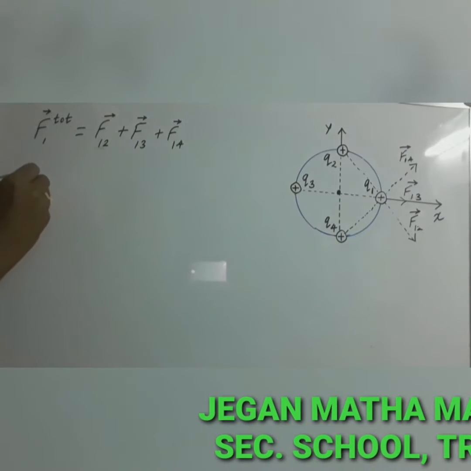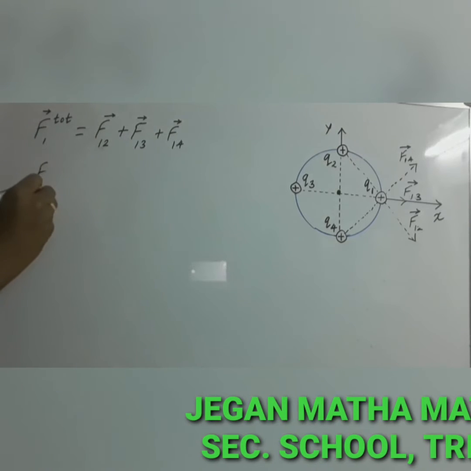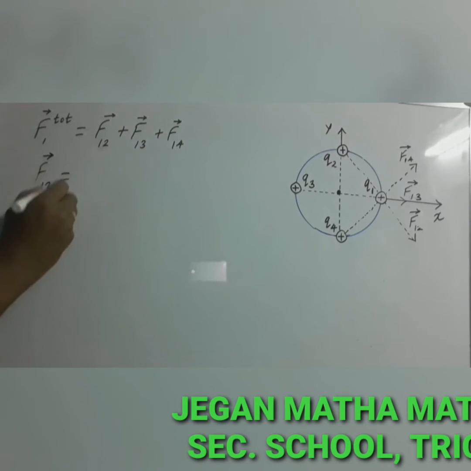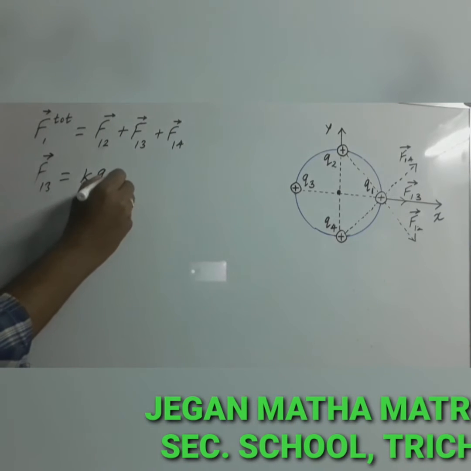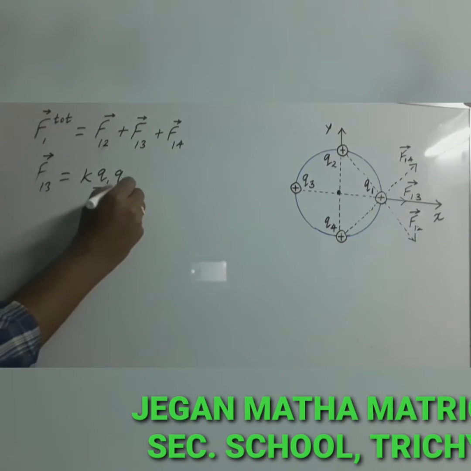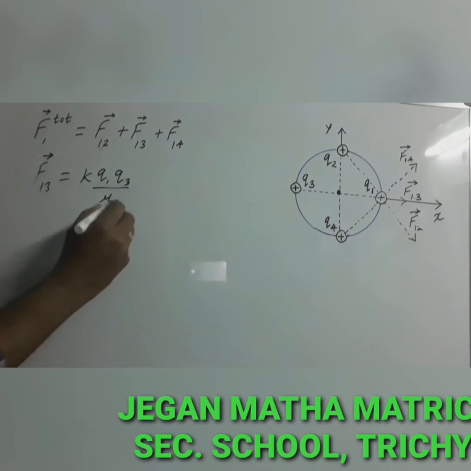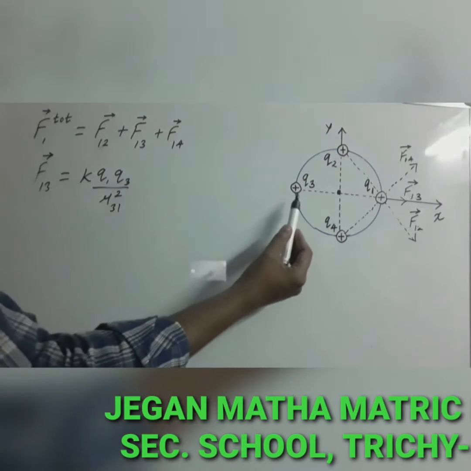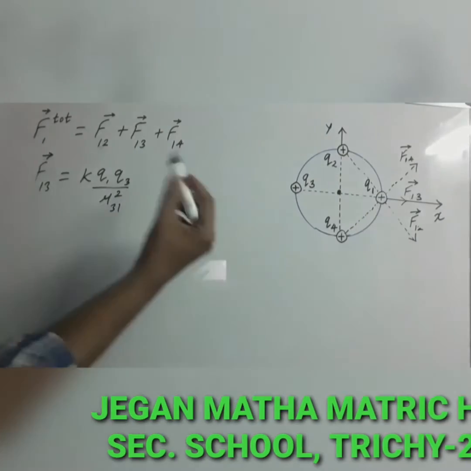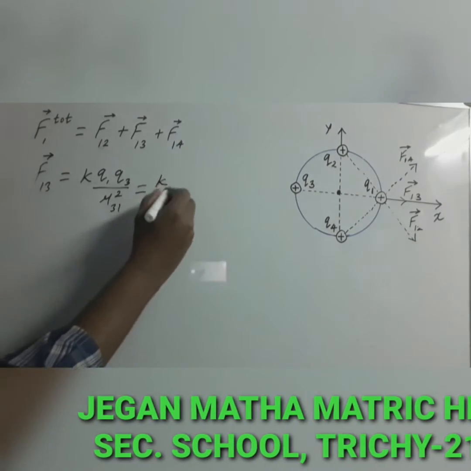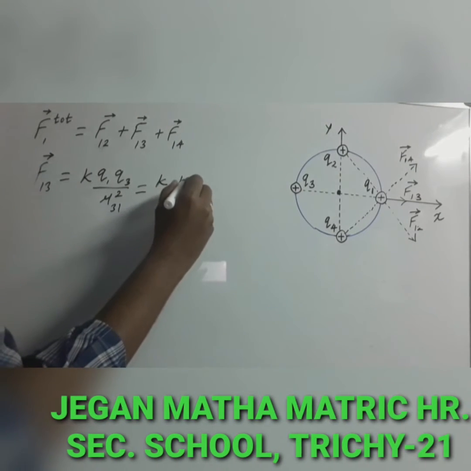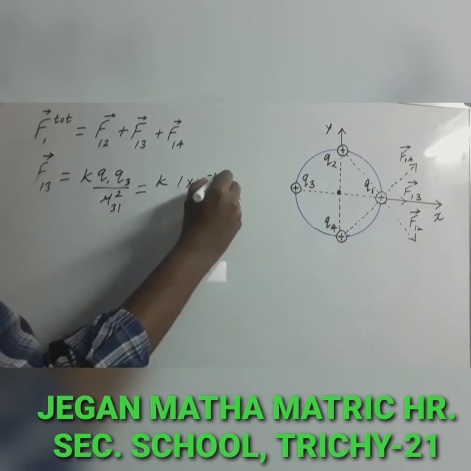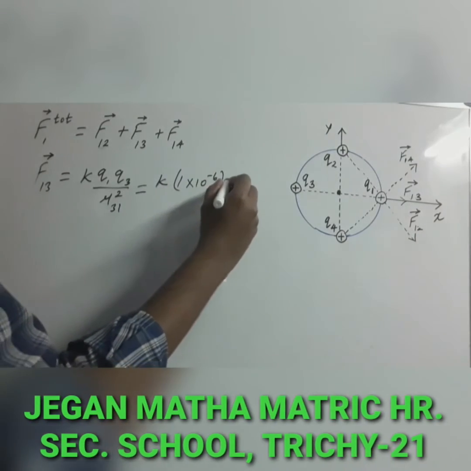First let us find the force given by the third charge, F13, which is equal to K Q1 Q3 by R31 squared. R31 is the distance between the two charges. K is a constant value. What is the Q value? All the charges have the same magnitude, 1 into 10 to the power of minus 6, 1 micro coulomb.